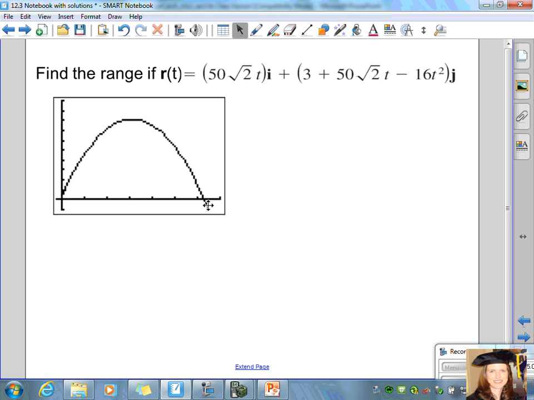When you're looking at where it hits the ground, the vertical component of position, the j part, will equal 0. So we want to determine how far this ball travels before it hits the ground, and we're going to set this j part of the position vector valued function equal to 0.